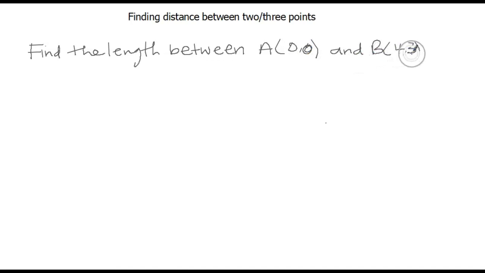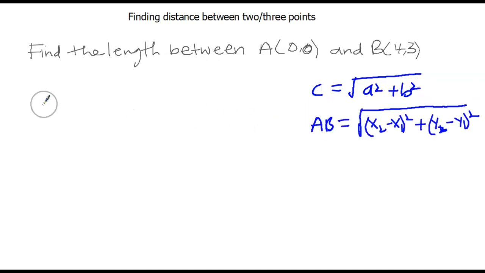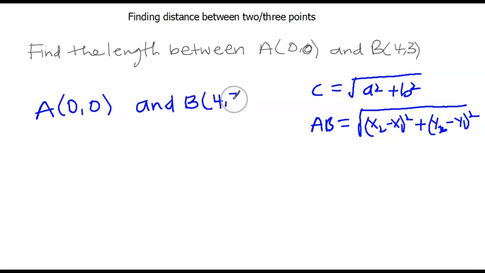We have been asked to find the length between the point 0, 0 and point B, which is 4, 3. So we are still using our c, which is square root of a squared plus b squared. And remember, it is also a distance formula. So we have points A, which is 0, 0, and then B, which is 4, 3.